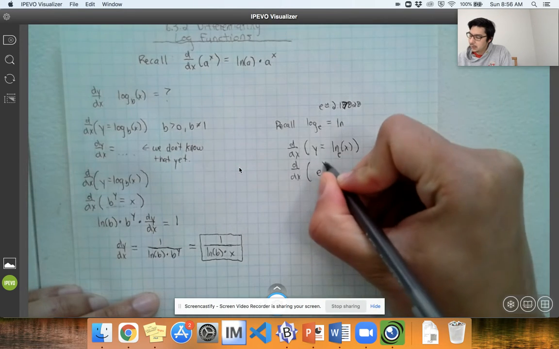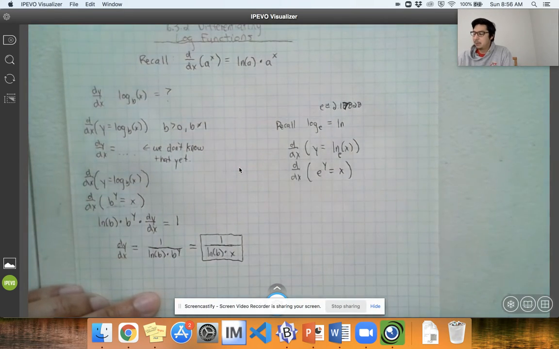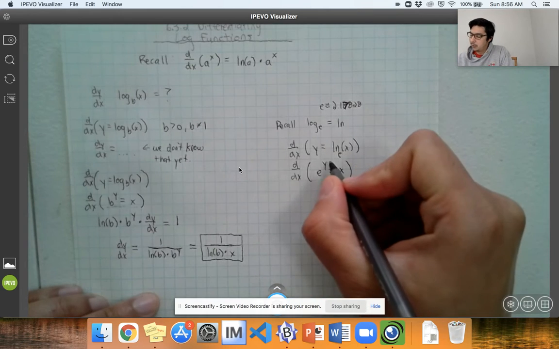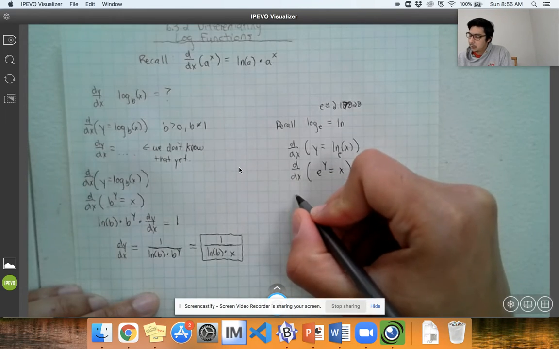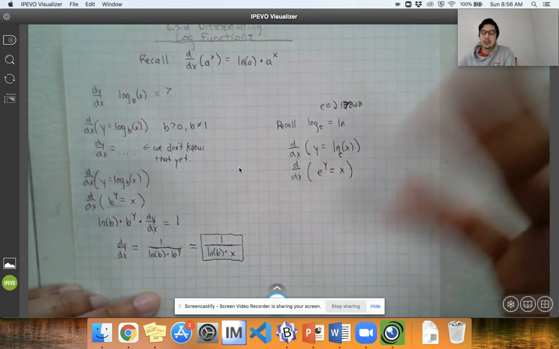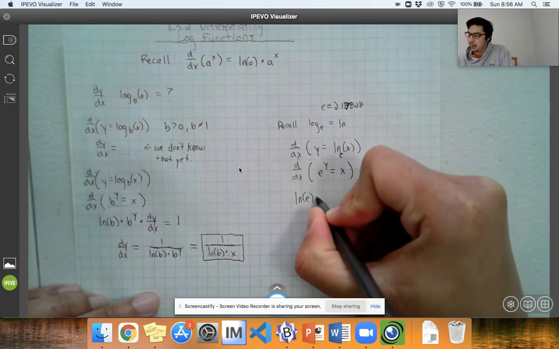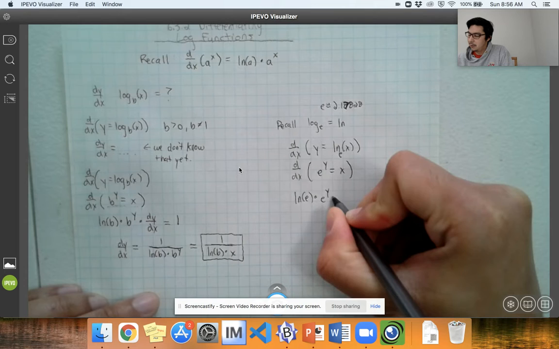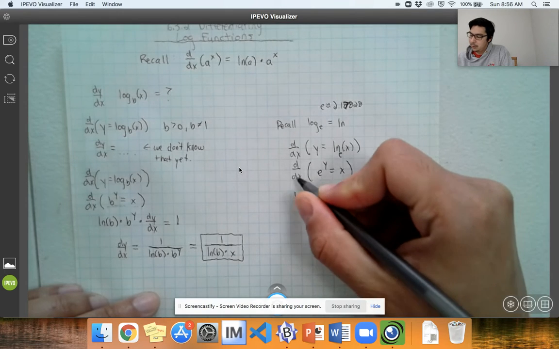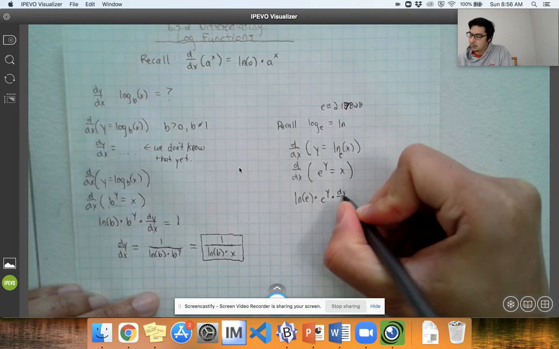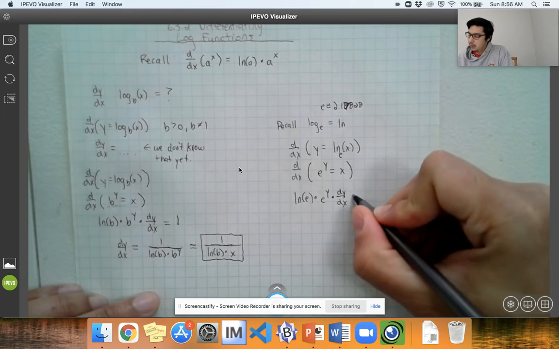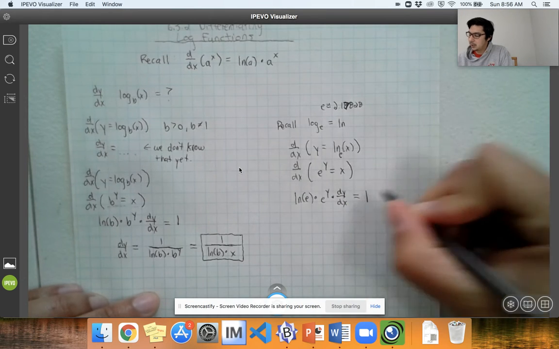So we can write this as e to the y equals x. And then the derivative of e to the y, if I was writing out the full definition, as a lot of you probably know it's just e to the y, but in the full definition, it's the natural log of the base times the function itself. And then, because of the chain rule, take the derivative of the inside, which is your dy dx, equals the derivative of x with respect to x, which is 1.